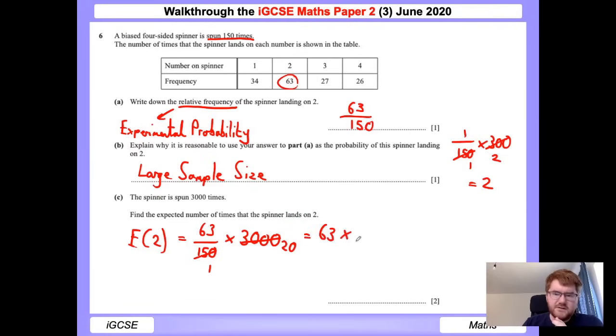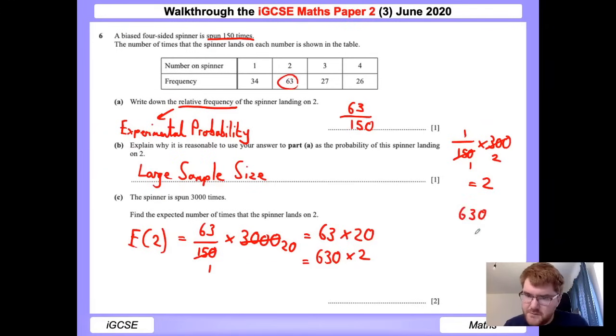So essentially what they want us to do here is work out this particular calculation, which is 63 times 20. The way I would do this, I would rewrite this as 630 times 2. We can do this with multiplication. It's commutative. You can move the 0 around, so to speak. And then all we have to do is double this to give us our answer. So if I was in the exam, I would do this old school.